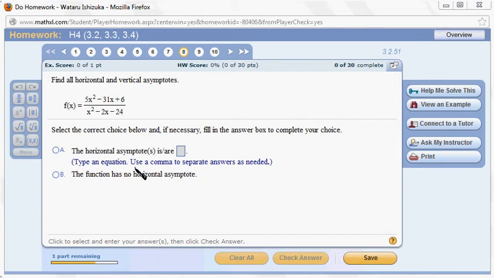In order to find horizontal asymptotes, we need to find the limit at infinity. So let's do that.